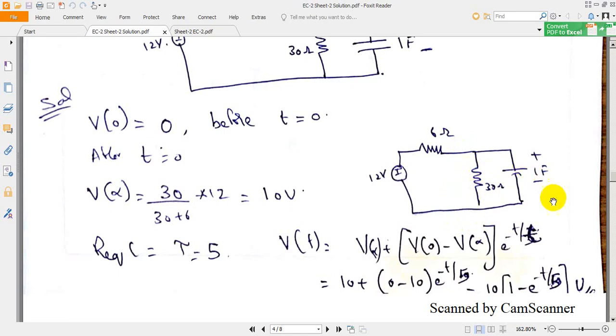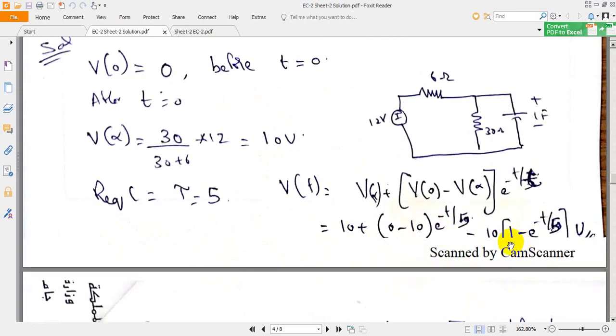And the C value is 1 and R equivalent is 5. So R equivalent into C, 5 into 1, you will get tau equal to 5.